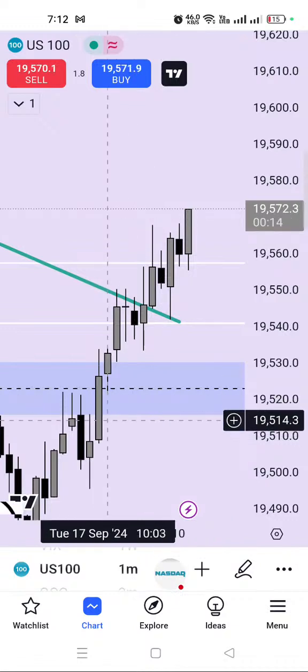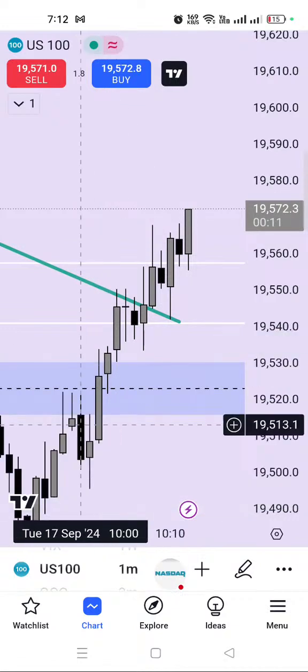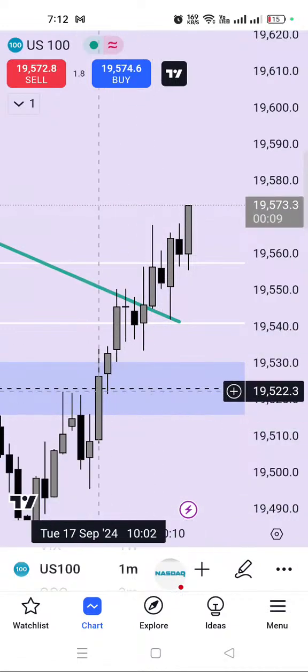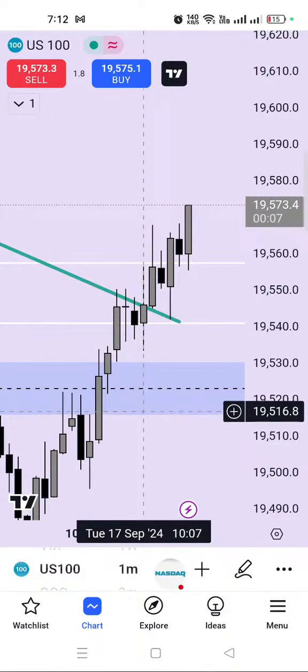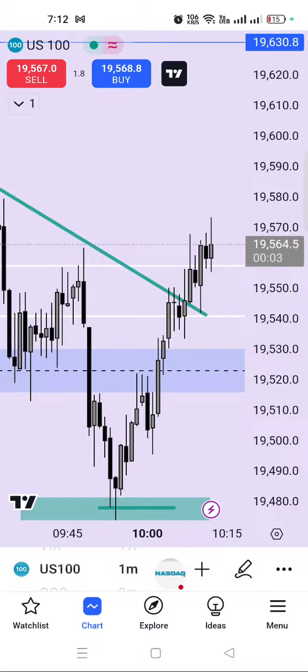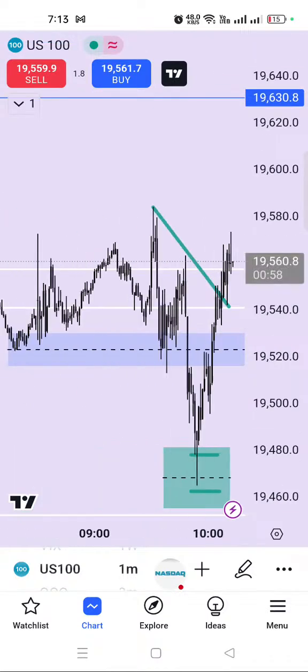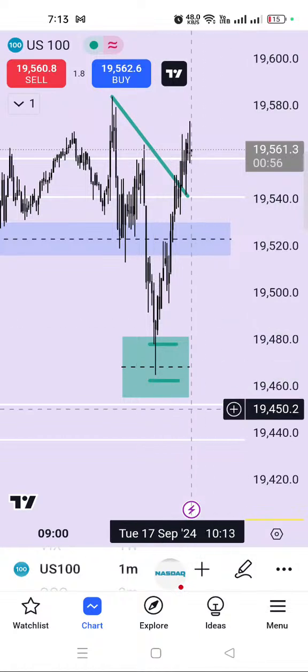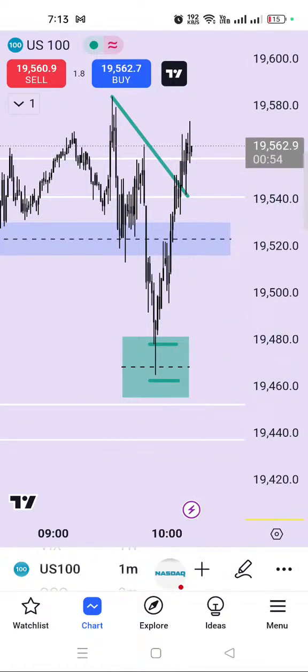So that was the first criteria. If we move above this blue box, I'll try to buy it again from this point because my stop loss was tight at this point, right? So risk to reward ratios in terms of longs, no shorts at all. As for now, no shorts. As long as we are above this green box or these two white lines, I'm not interested in shorting this, bro.